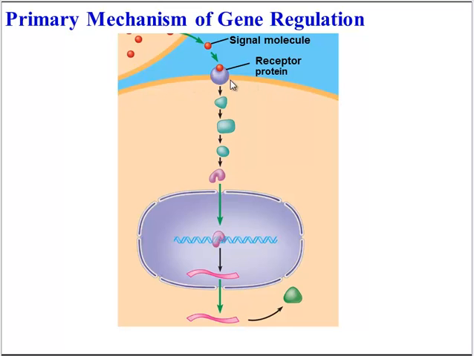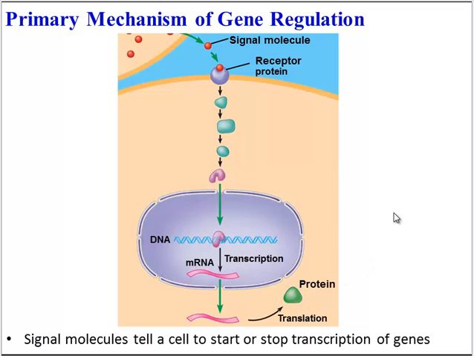And when it binds, it sends a signal to another molecule, which signals another molecule, which signals another molecule, which signals another molecule, which finally signals the DNA to be transcribed into mRNA, which can then be translated at the ribosome into a protein. So long story short, signal molecules will tell a cell to either start or stop transcribing its genes.